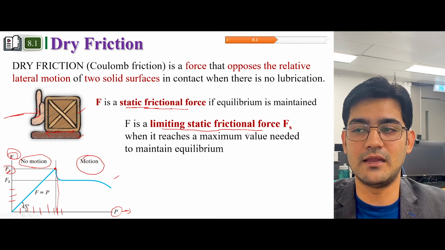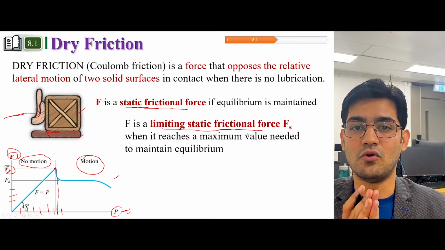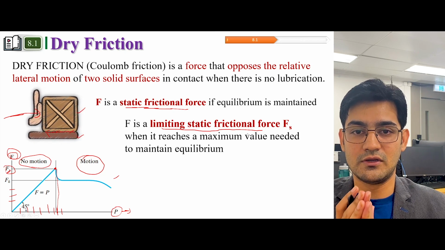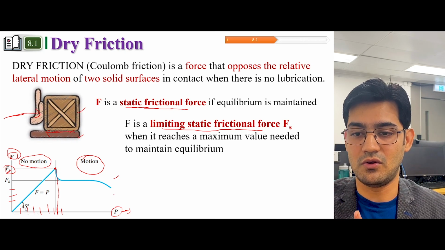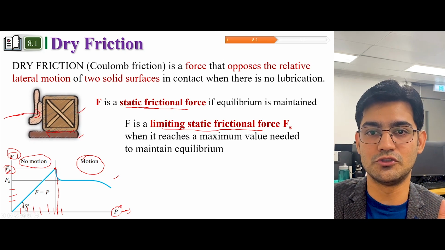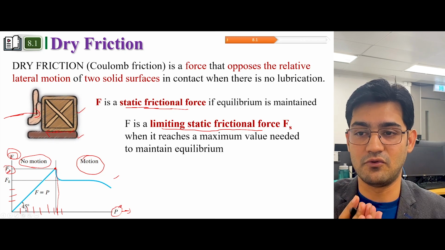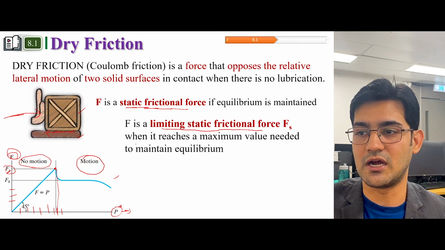Now, what do I mean by limiting static frictional force? It means that at that load, which is load P, or less than that load, there would be no motion in a rigid body. But if you apply a load more than the limiting static frictional force, then this rigid body will start moving.